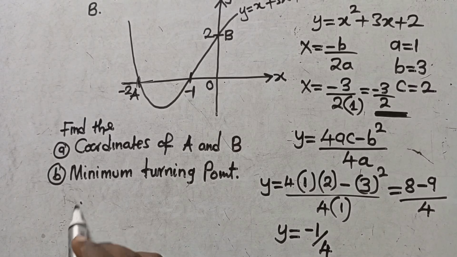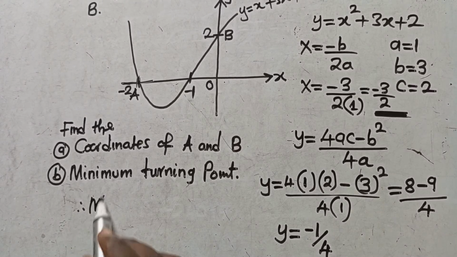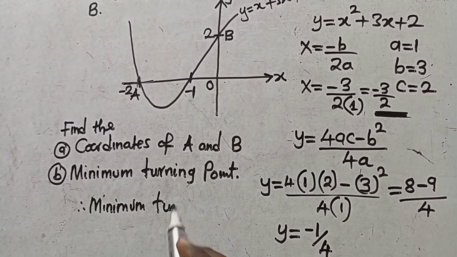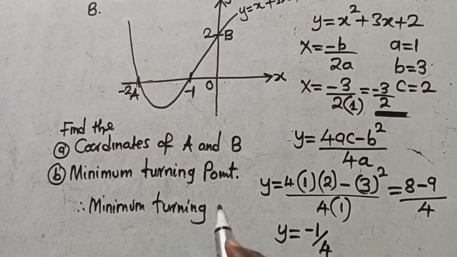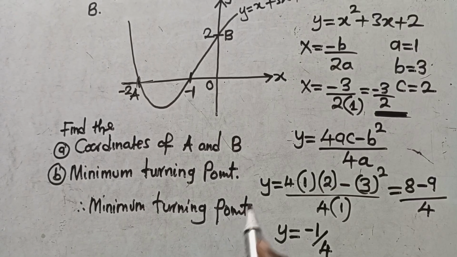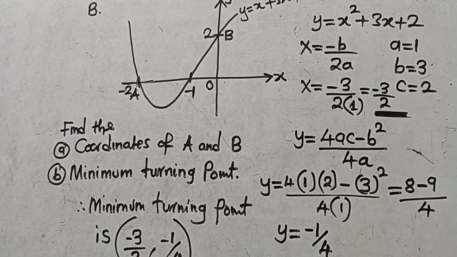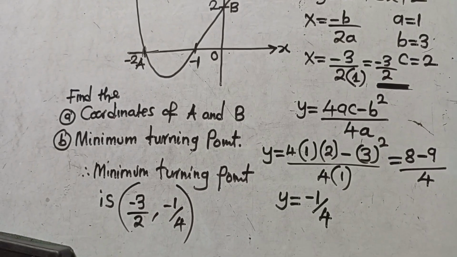I will just say therefore minimum turning point is, x is negative 3 over 2 and y is negative 1 over 4. So meaning that this is the minimum turning point. This is what I'm supposed to do.